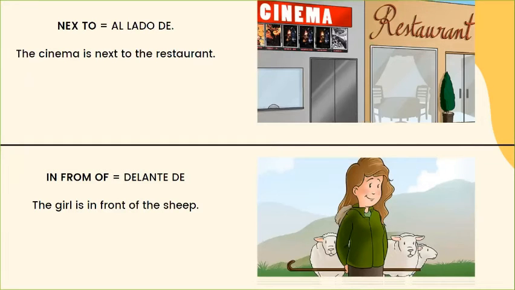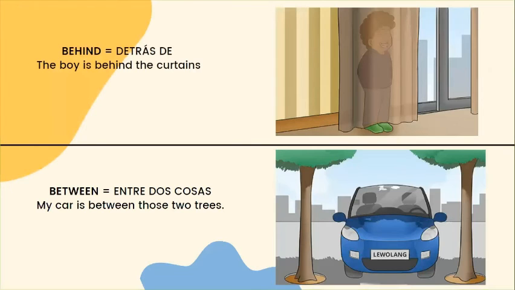Next to signifies al lado de. The cinema is next to the restaurant. In front of signifies delante de. The girl is in front of the chef. Behind signifies detrás de. The boy is behind the curtains. Between signifies entre dos cosas. My car is between two trees.